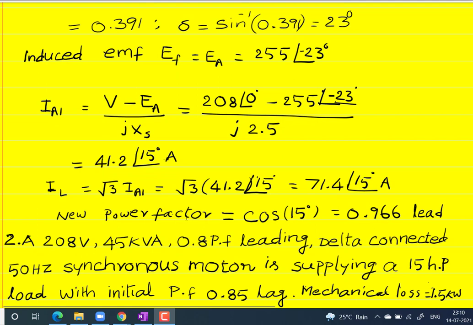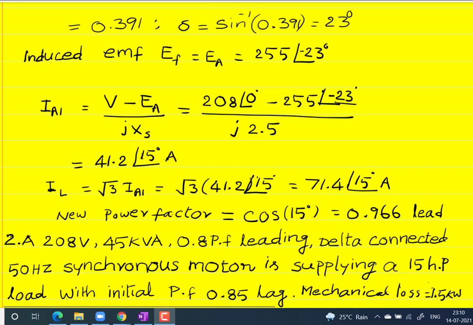Because it is a delta connected system, line current will be root 3 times the phase current, that is root 3 times IA1, that is root 3 into 41.2 at an angle of 15 degrees. So we get 71.4 at an angle of 15 degrees amperes.